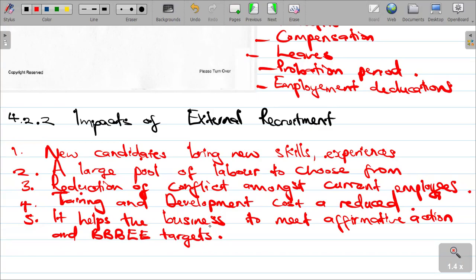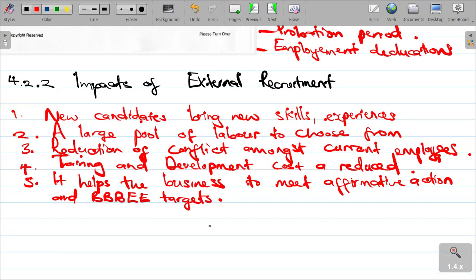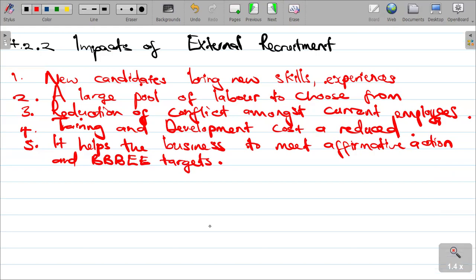Let's talk about the negative impact of external recruitment. This one we were talking about the positive impact, so let's discuss the negative impact of the external recruitment.